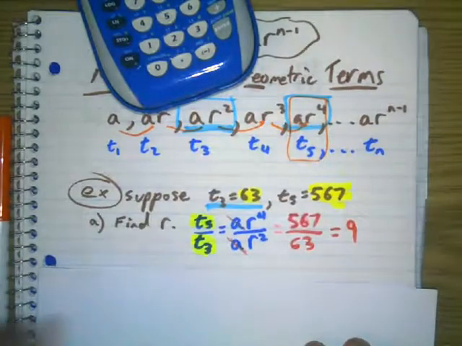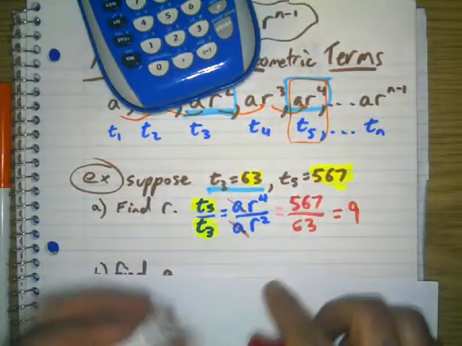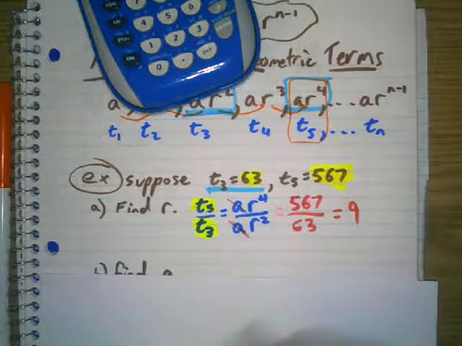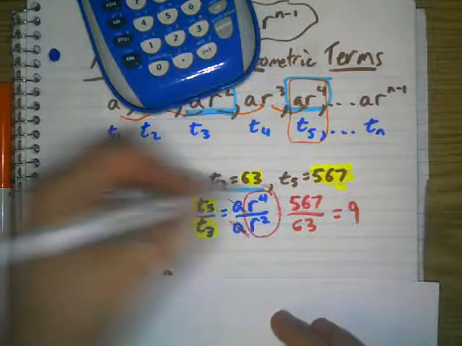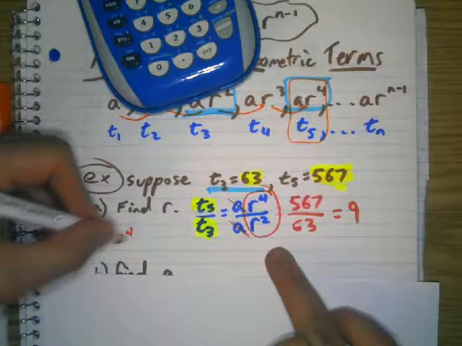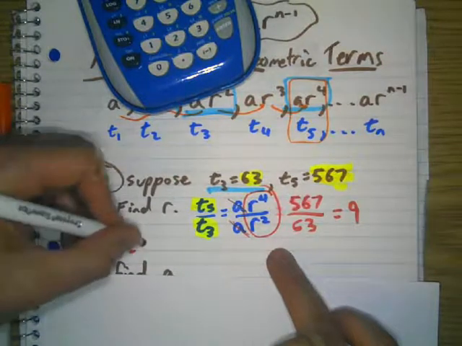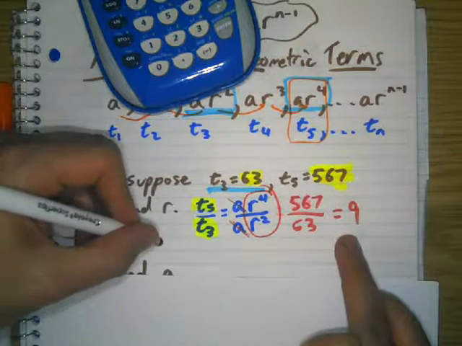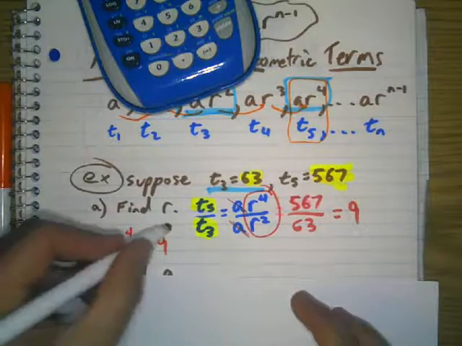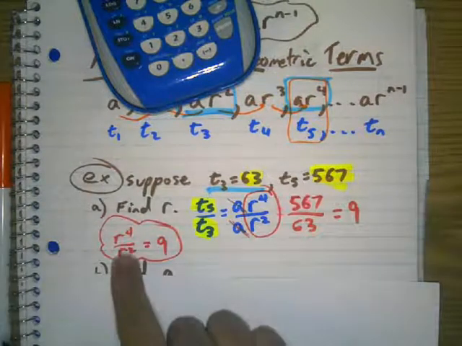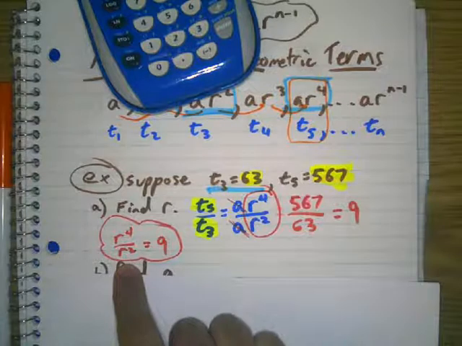Alright, so let's think about what this really means. So I've got r to the fourth power divided by r squared, and that's equal to 9. Now let's think about this. Well, what is r to the fourth divided by r squared?